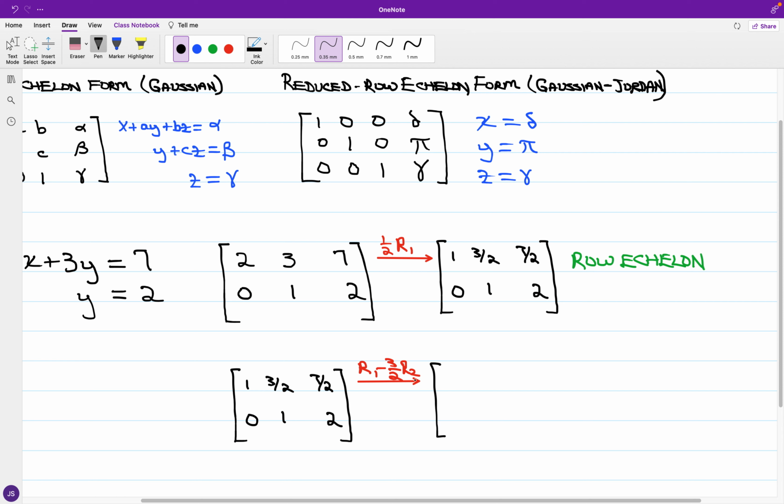So 1 minus 3/2 of 0 is still 1. 3/2 minus 3/2 of 1 will go out. Now 3/2 of 2 is going to be 3.